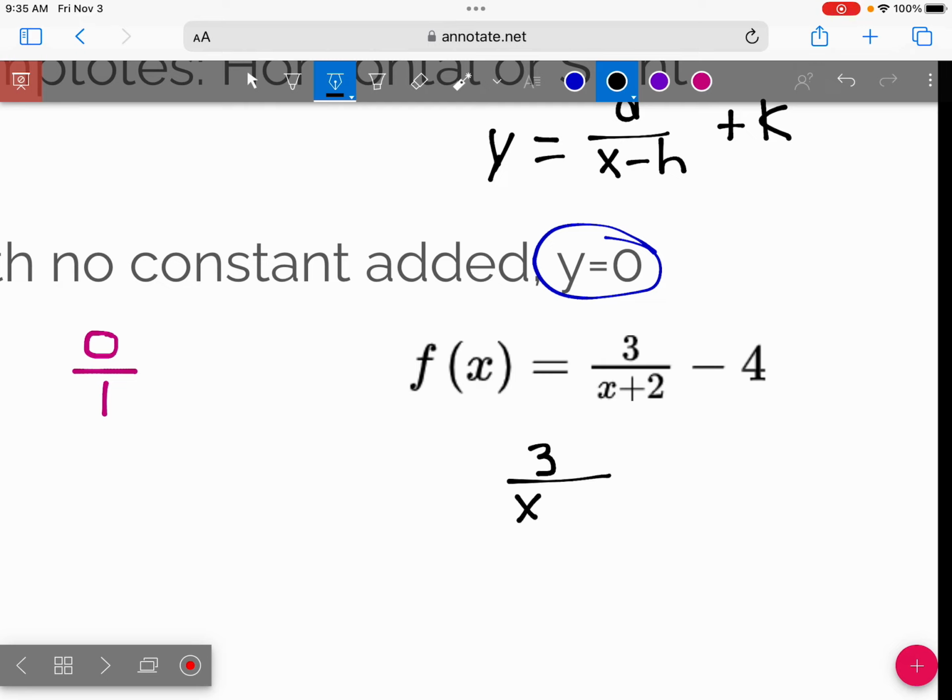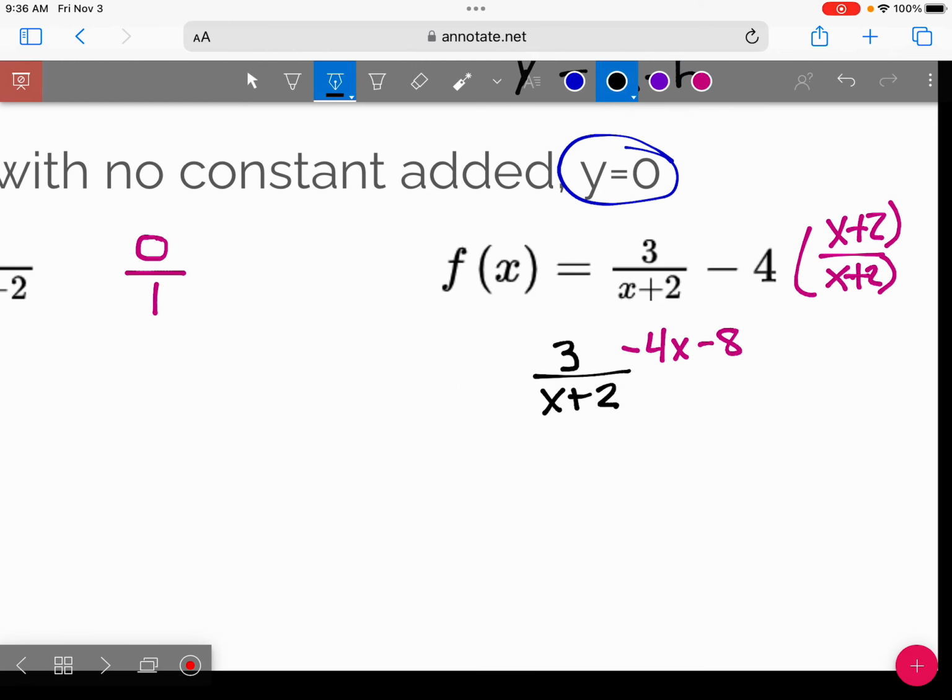3 over x plus 2. And we're multiplying our 4 by x plus 2 over x plus 2, right? Minus 4x, again, minus 8. So we wind up with our f of x minus 4x minus 5.